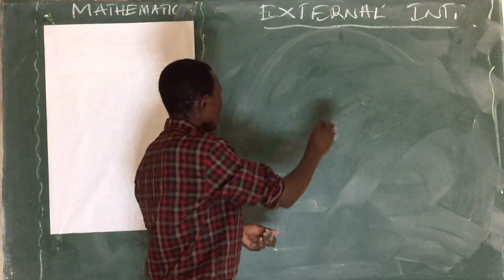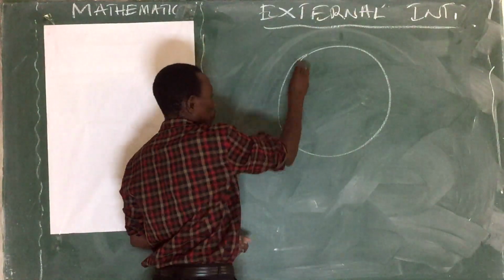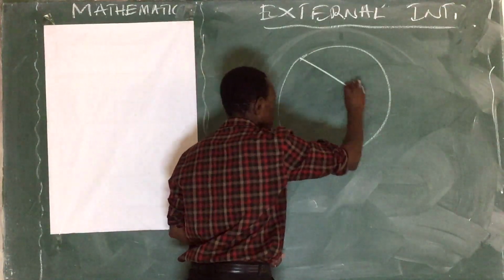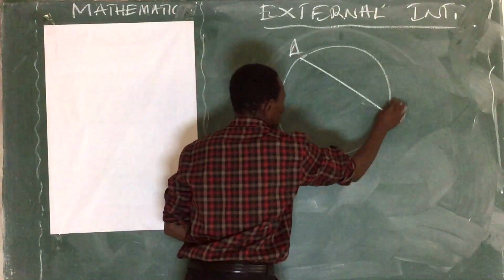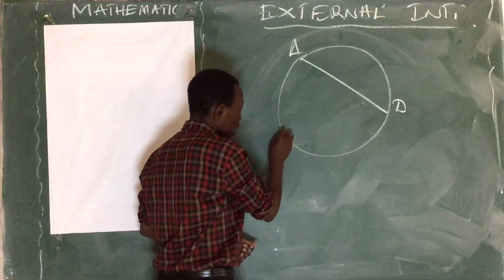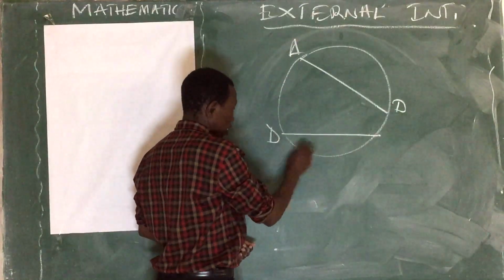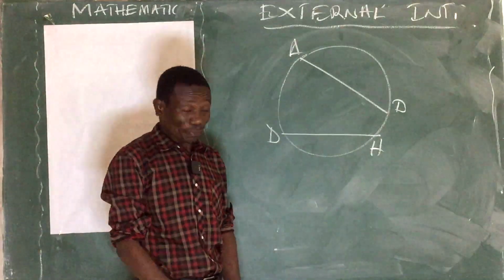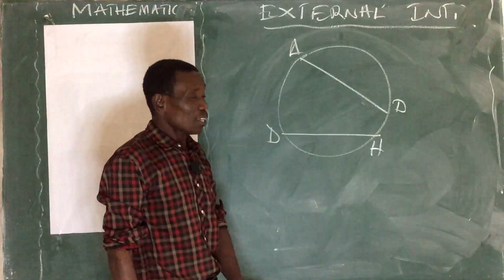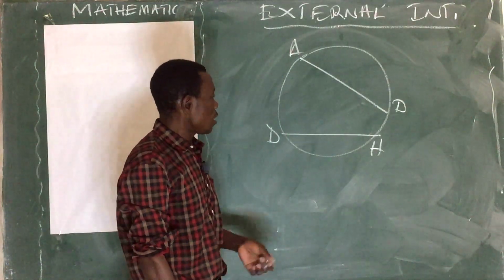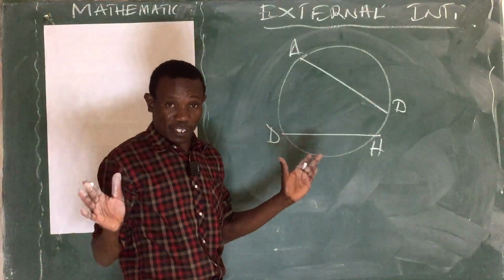Look at this. Here's the circle, and I have a chord AB like this, and another chord you can have, say DH. The two chords can be produced or extended to a point outside the circle.